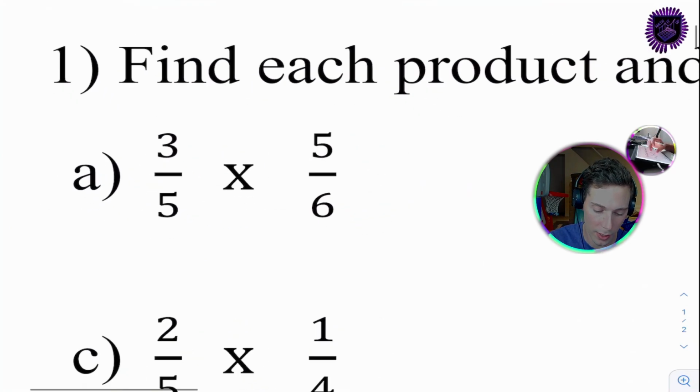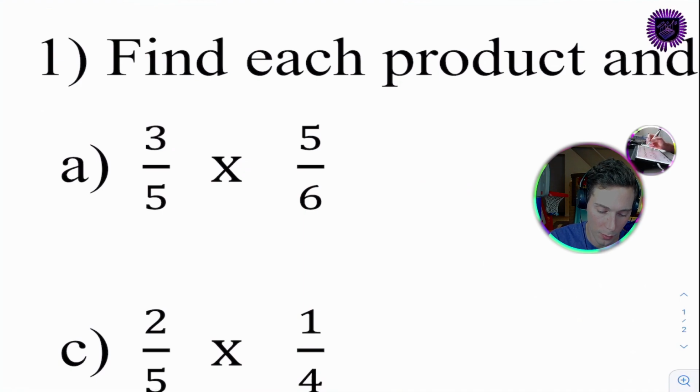So for question 1A, right off the hop, we can see that there is a common number between the top and the bottom.